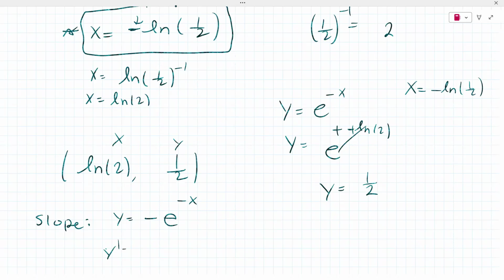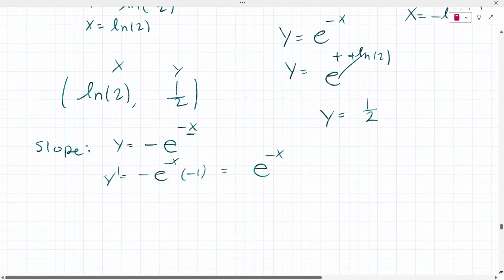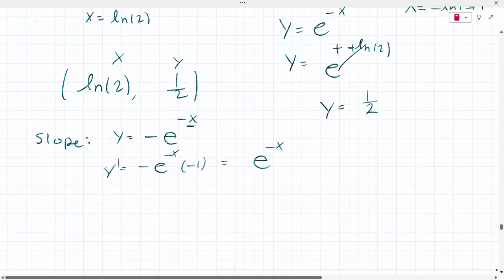So y prime, because we got to find slope. What's the derivative of negative e to the negative x? It is negative e to the negative x times the derivative of negative x, which is -1. So that's positive e to the negative x.